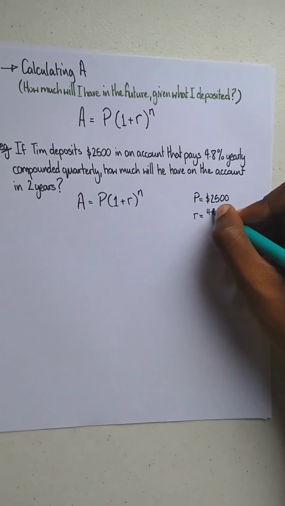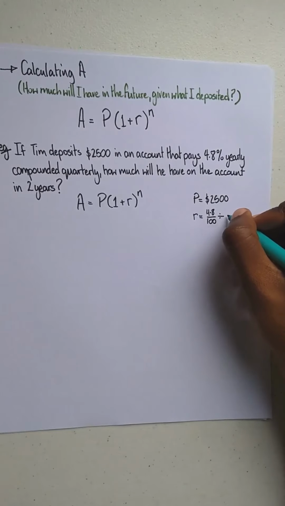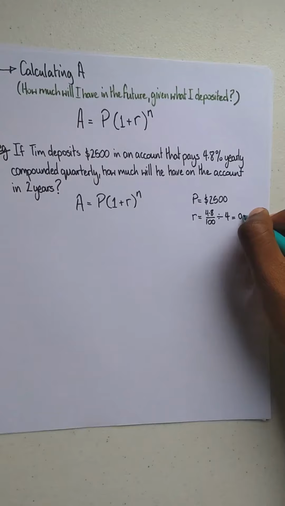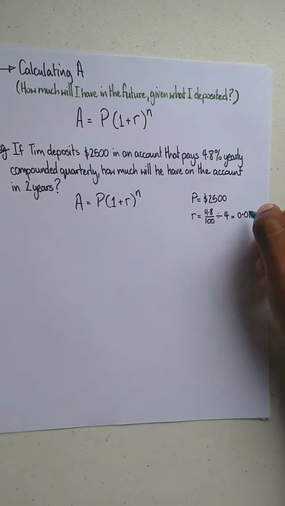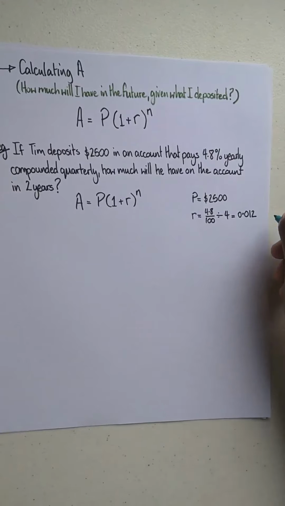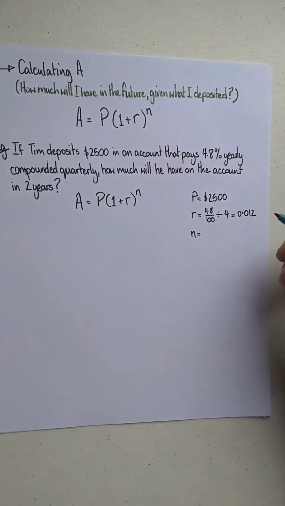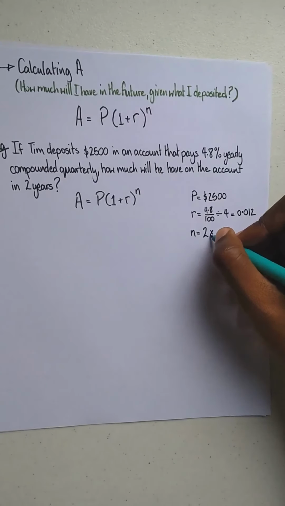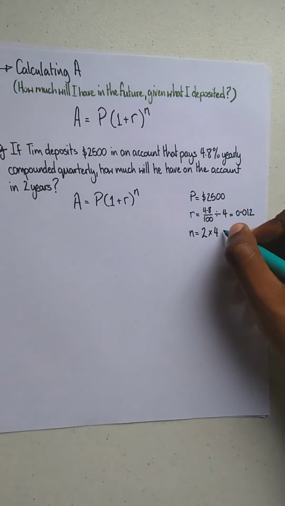So that's 4.8 over 100 divided by 4, which is 0.012. Just remember that we are always writing R as a decimal. And N, the number of periods, is 2 years, but we are concerned with the periods, which are quarters. There are 4 quarters each year, which makes it 8 periods.